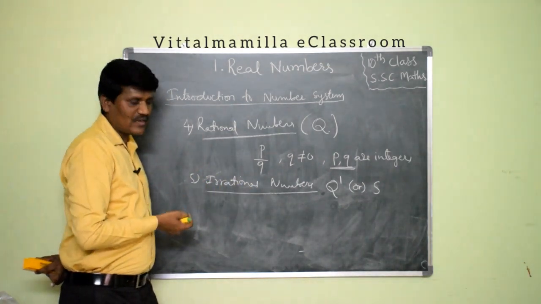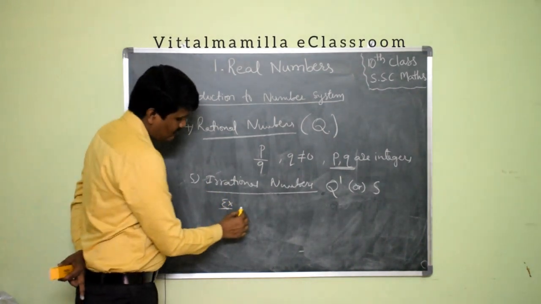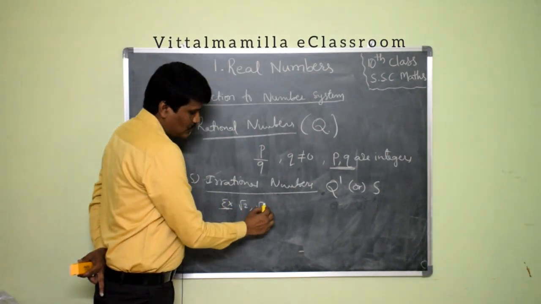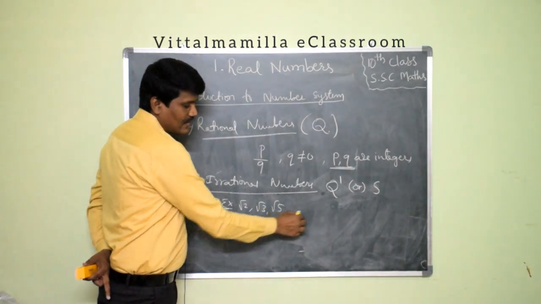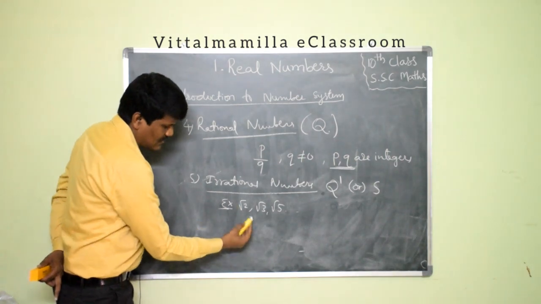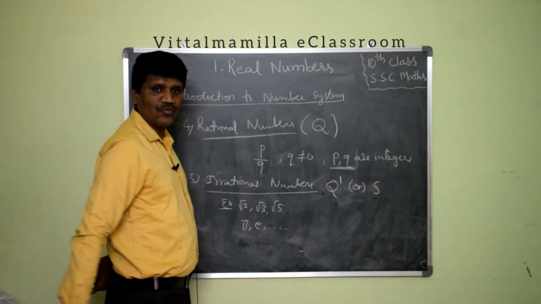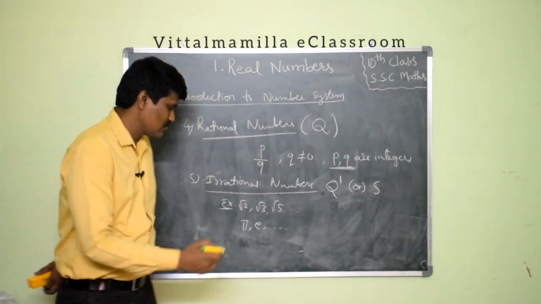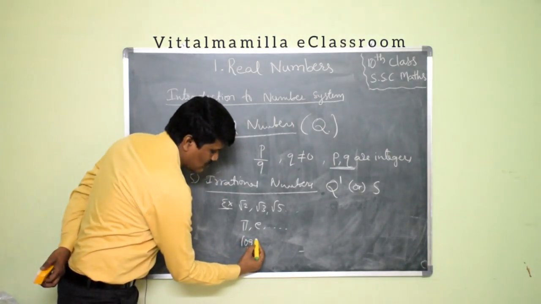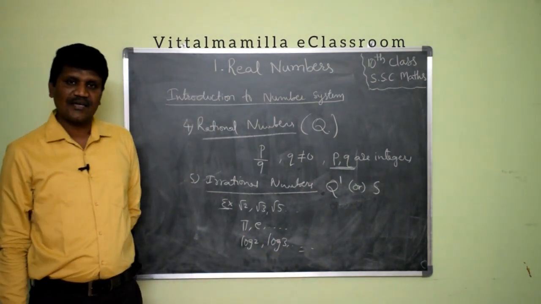What examples do we have? Root 2, root 3, root 5 are one type of irrational number example. Next, pi and e are also irrational numbers. And log 2, log 3 are also irrational numbers.